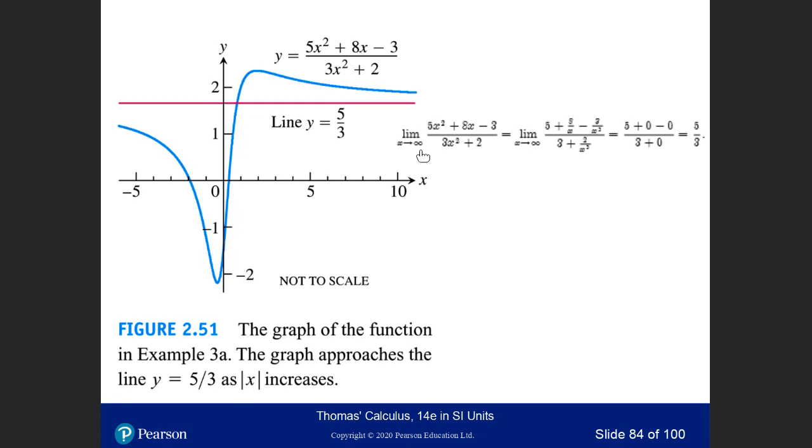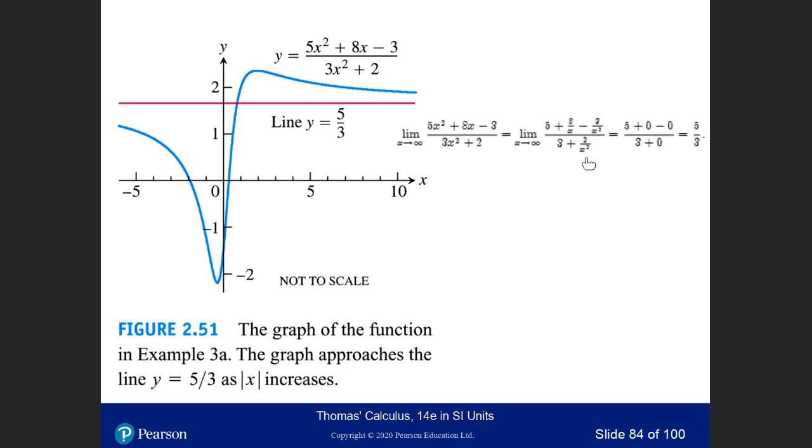So when I want to find the limit of this function as x goes to infinity, divide both the numerator and denominator by x squared. So you have 5 here, 8 over x, and minus 3 over x squared. And in the denominator, you have 3 plus 2 over x squared.